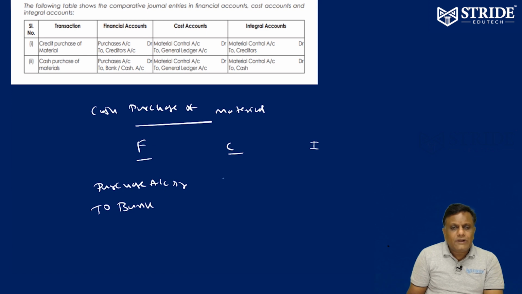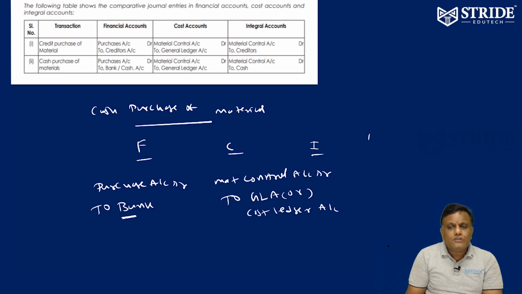But in cost control, purchase is referred to hereafter as material control, material control account debit to, we are not supposed to say bank or cash in cost control, we refer hereafter to general ledger adjustment account or cost ledger adjustment account.